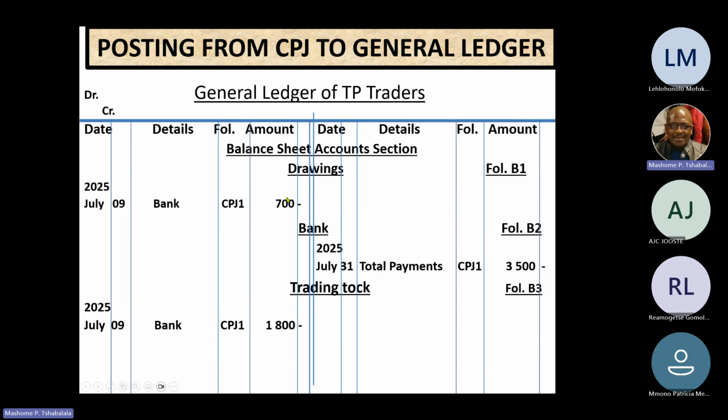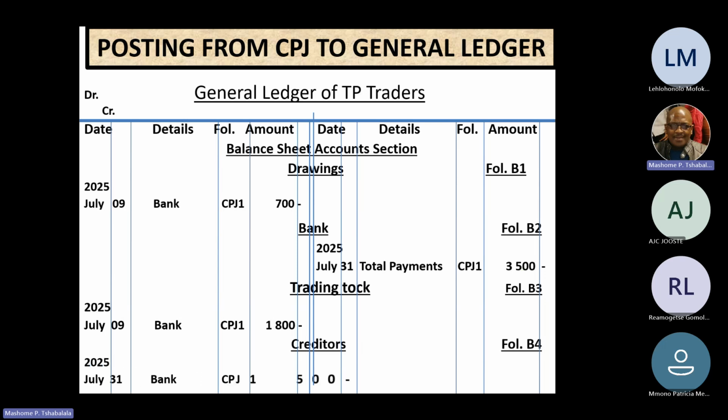But now we apply the double entry principle by saying the total amount of drawings, 700, is debited here, but under the bank account, it is credited. It is included in this 3,500. The same with the trading stock: this amount of 1,800 is included in the total payments of 3,500.